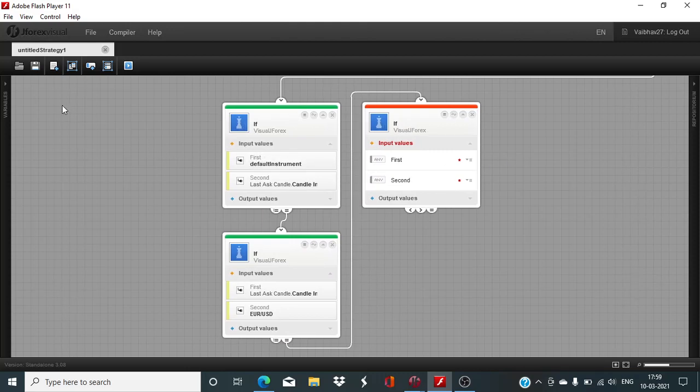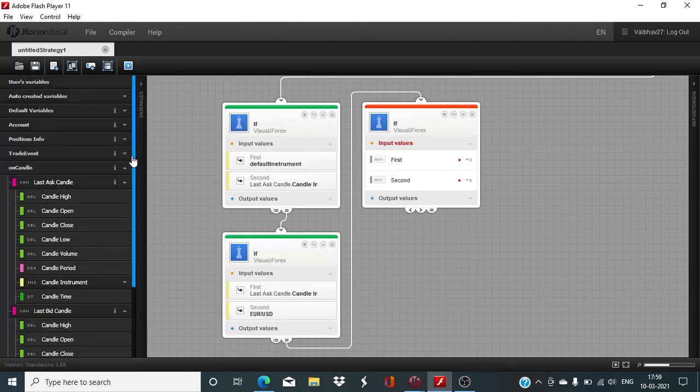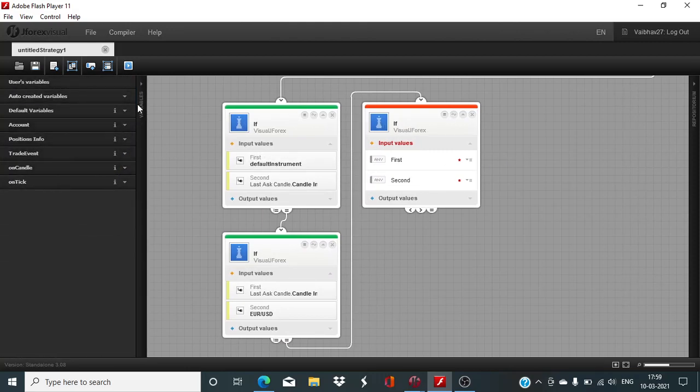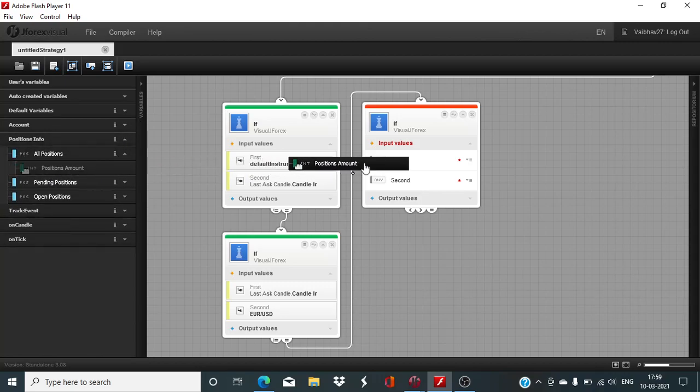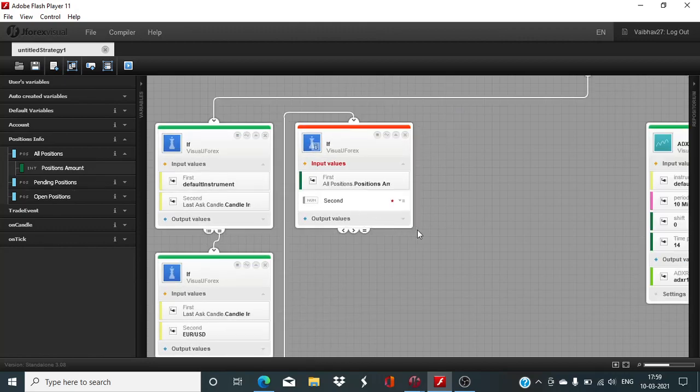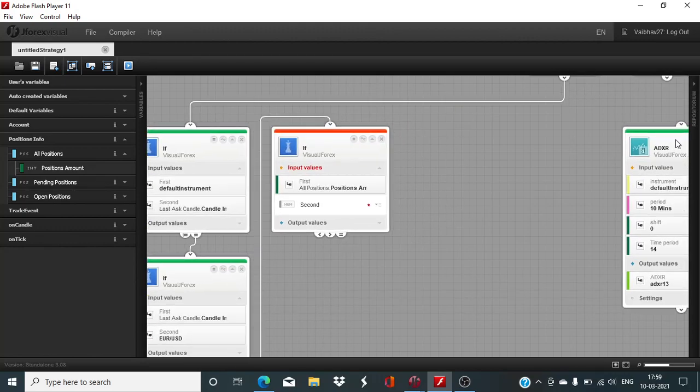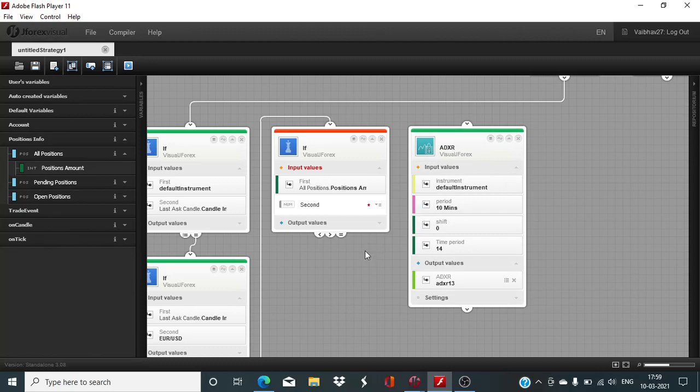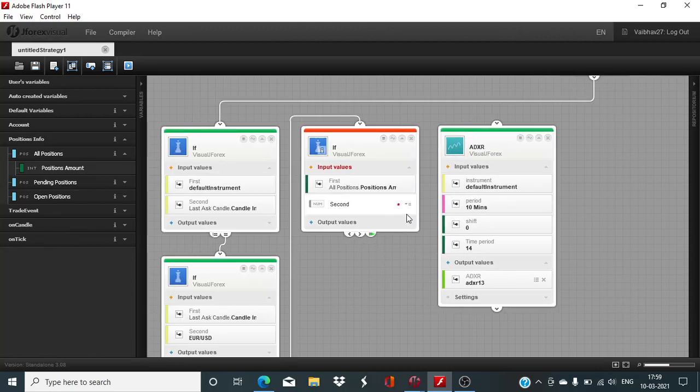And then one of the first conditions which I usually set is this position amount should be equal to 0, for all positions. It might be a pending order or it might be the current market position, and this will be 0.